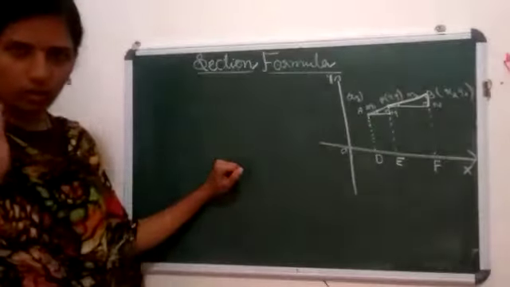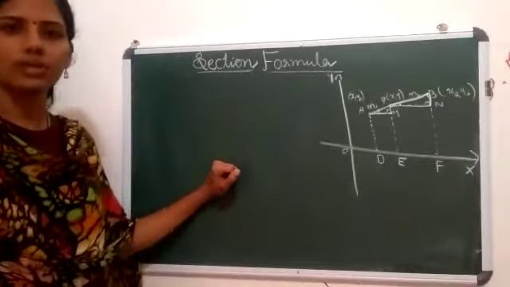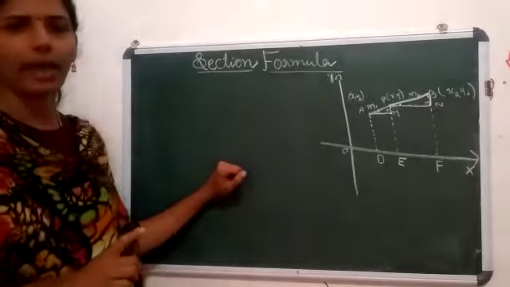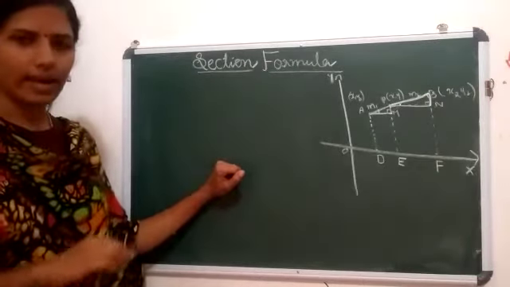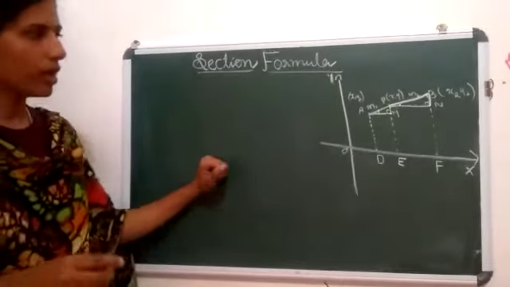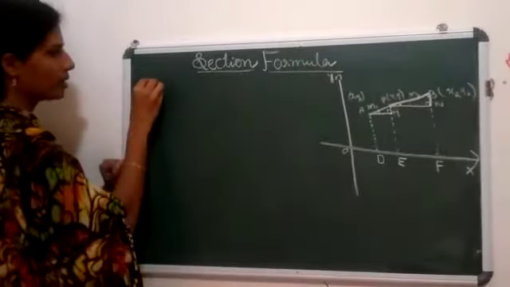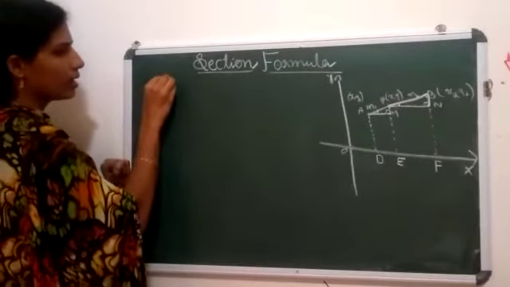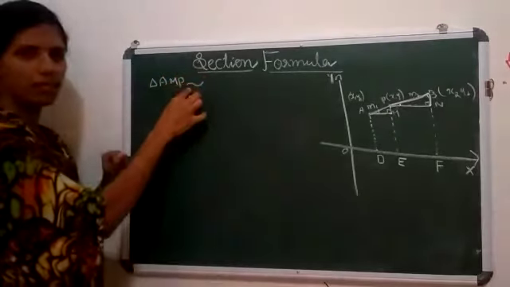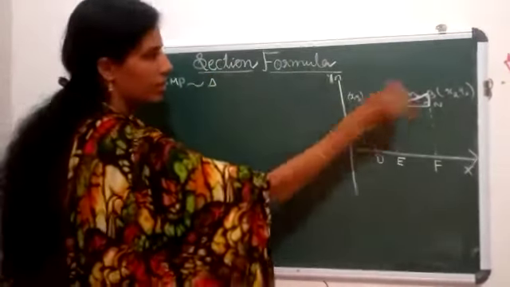So today you have to focus only on these two conditions. When two triangles are said to be similar, their corresponding angles should be equal and their corresponding sides are in the same ratio. Okay, so consider their two angles are equal. So we can say triangle AMP is similar, this is the symbol for similar, to triangle PNB.